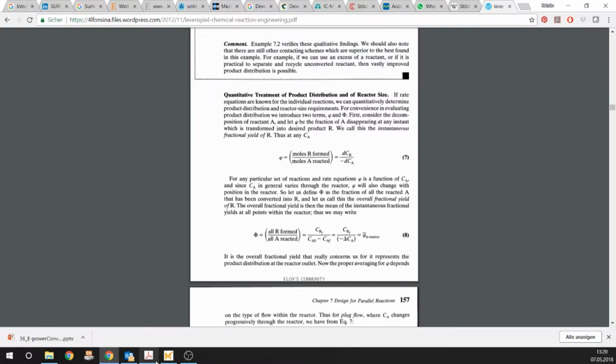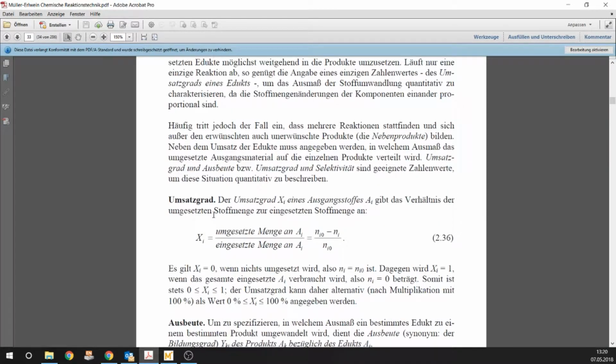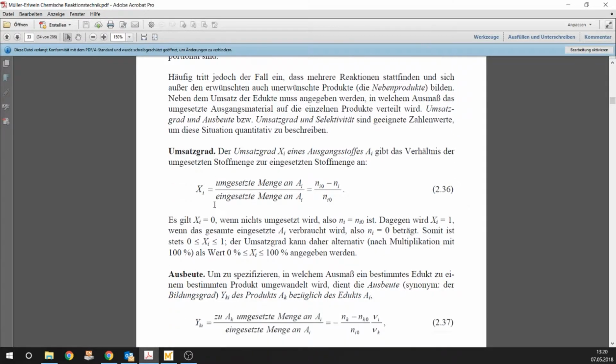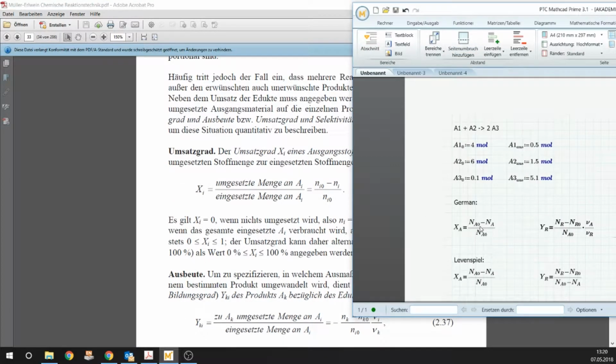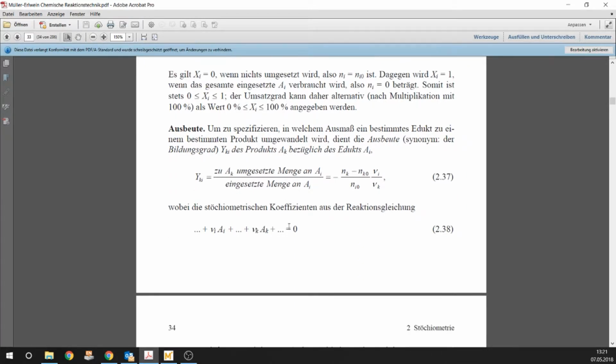Okay, in my course, Chemische Prozesse und Anlagen, I recommended a book, Müller-Erlwein, Chemische Reaktionstechnik. You can see he defines Umsatz the same way as in the formula that we already have, so the conversion, that's not really the problem. Then he defines here the yield.